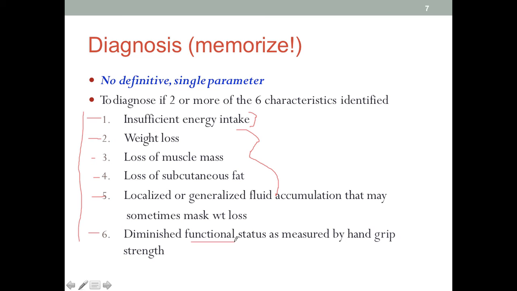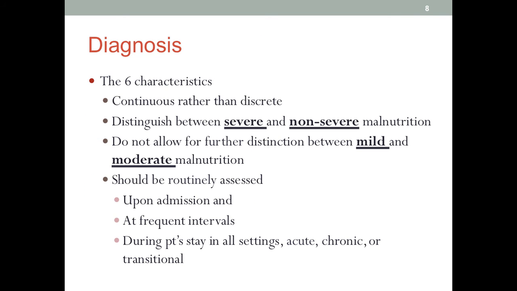So luckily, this list is pretty easy to apply, and a lot of this information we can get from things that are probably already inputted into the patient's chart before we even go see them. So we'll notice that these 6 characteristics are continuous. They happen along a continuum. We're looking at weight status, fluid retention, and impaired intake, which can vary hour to hour, day to day.